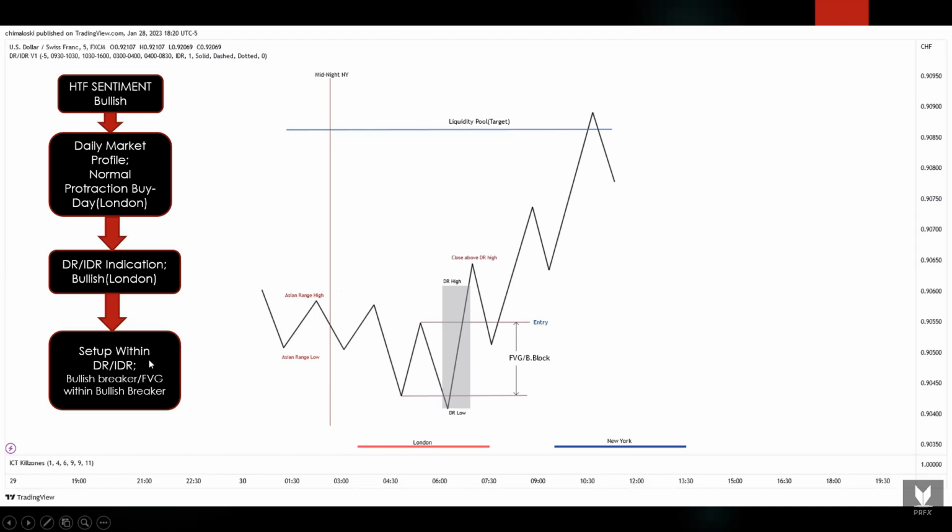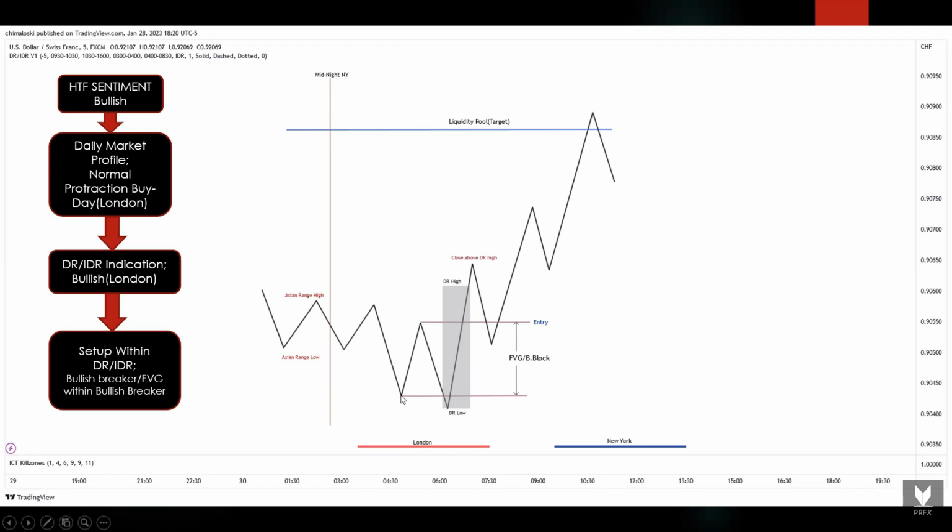Remember, the setups will form within the defining range and/or the ideal defining range. They're both called the same thing. So what I'm saying is your high probability setups will form inside the defining range after the market has taken out or manipulated during London.